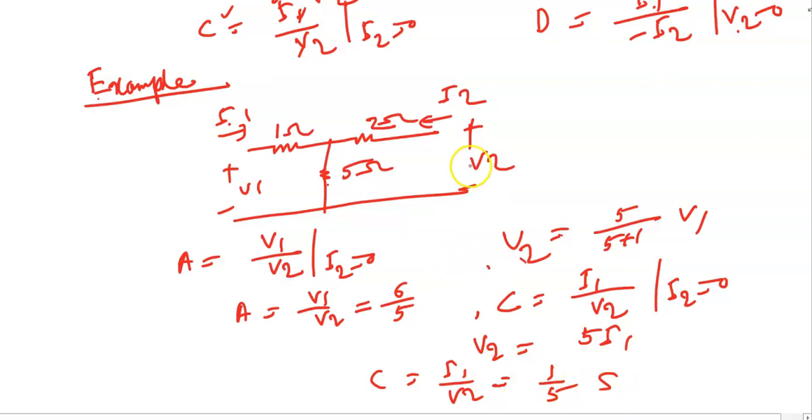When I make I2 0, no current flows out, so the potential drop across the 5 ohm resistor is your V2, and the current flowing is I1.